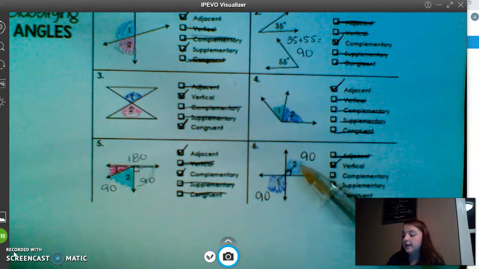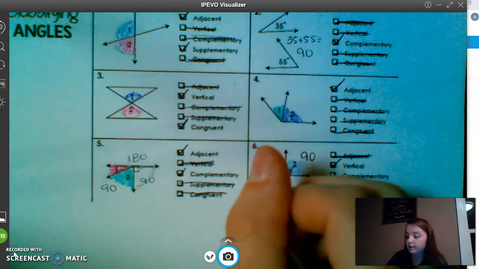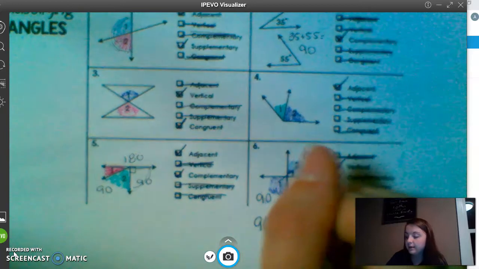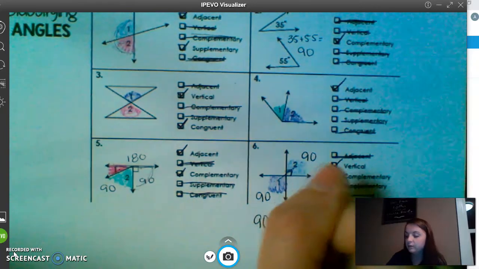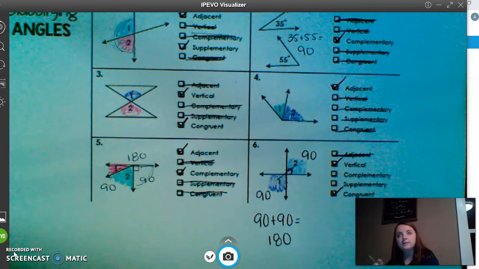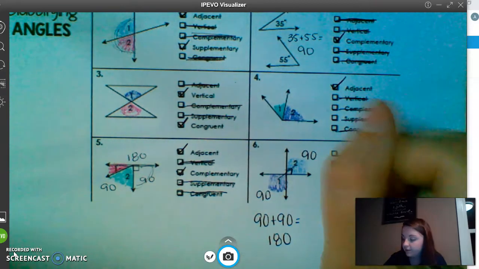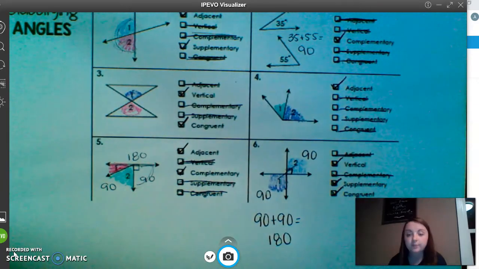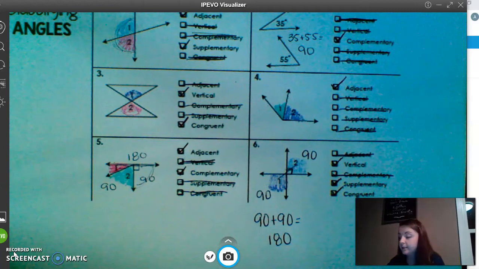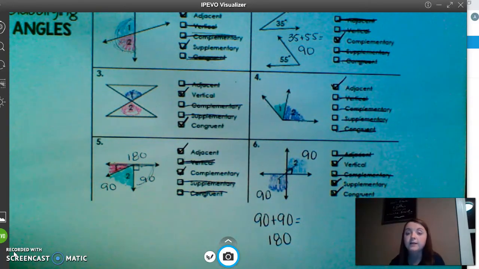So if this is 90 and this is 90, together they make 180. What type of angles have a sum of 180 degrees? Supplementary. They're not complementary, they're supplementary. So number 6, you have vertical, supplementary, and congruent. So you have a lot of classifications there, more than one.